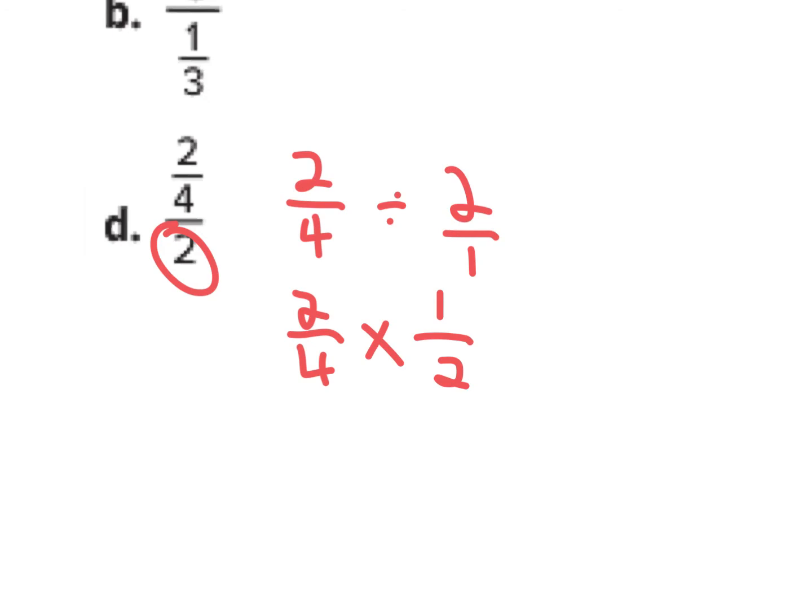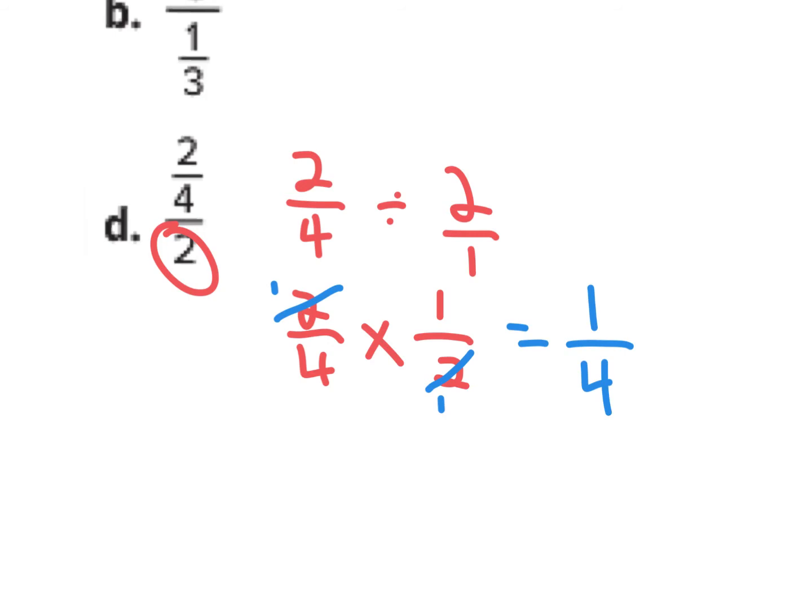Now that we have a multiplication problem, let's cross-reference. Do these two have common factors? And these two have common factors? These two have the common factor of 2. So let's cross it out. Here you have 1, 2, and here you have another one. Okay, and these two do not reduce because this is a 1. So we just multiply straight across, and you get 1 times 1 equals 1 for your numerators, and 4 times 1 equals 4. So your answer is 1/4.